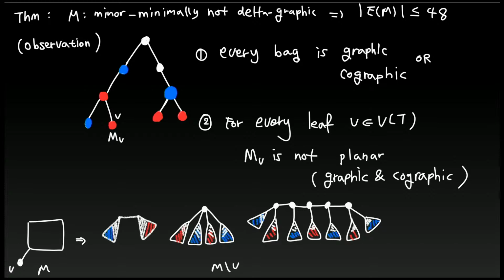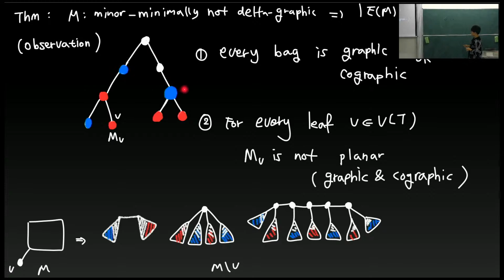Because if there is a bag whose corresponding matroid is neither graphic nor cographic, then it should be three-connected, because the uniform matroid of rank 1 and corank 1 is a cycle matroid of a planar graph, so both graphic and cographic. So we can eventually get a three-connected excluded minor, and in this case we can reduce to the case we already know. So we can assume that every bag is graphic or cographic.